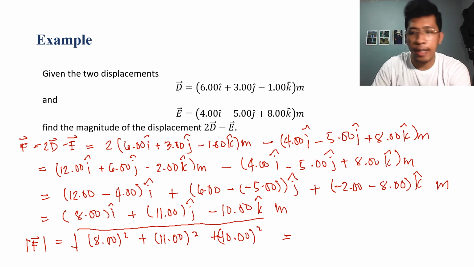Using our calculators, we find that the magnitude of your vector F is equal to 16.9 meters. So this is the magnitude of the displacement 2D minus E, which we previously called your vector F, and this is equal to 16.9 meters.